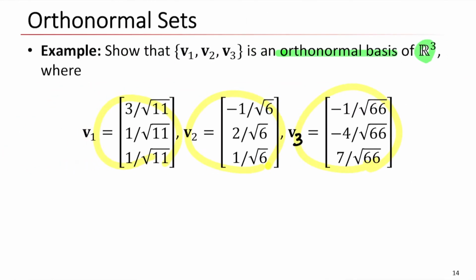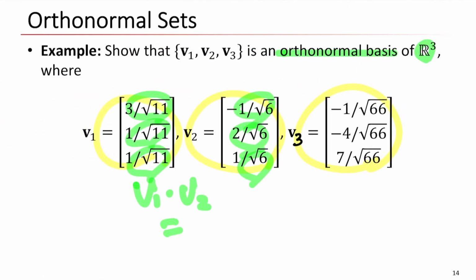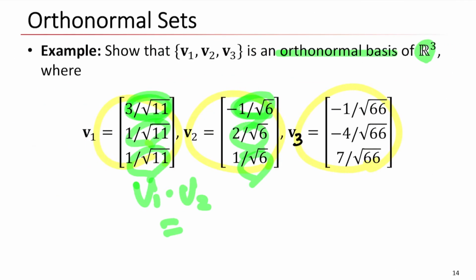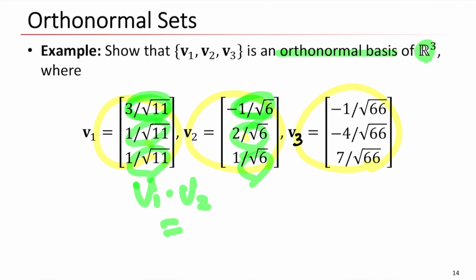This one times this one plus this one times this one, so from here this one times this one equals this one times this one, so it will be 0. v1 inner product v3 can be similarly estimated from this one and this one.